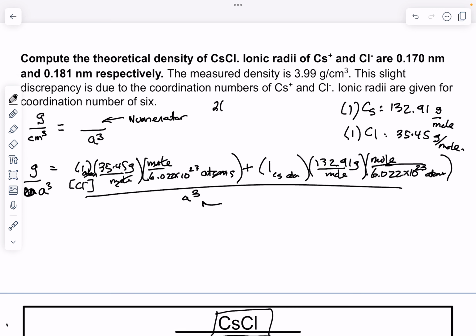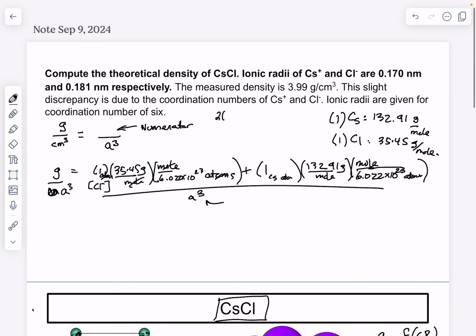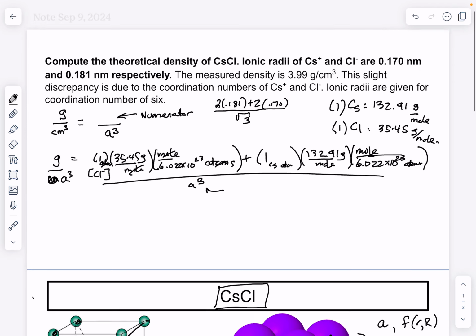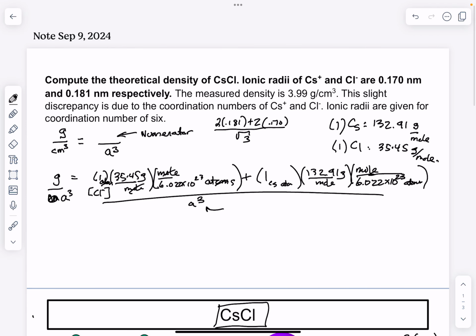So 2 times little r, 0.181 plus 2 times 0.170 over the square root of 3. If you do that calculation, you get that A is equal to 0.4053 nanometers.